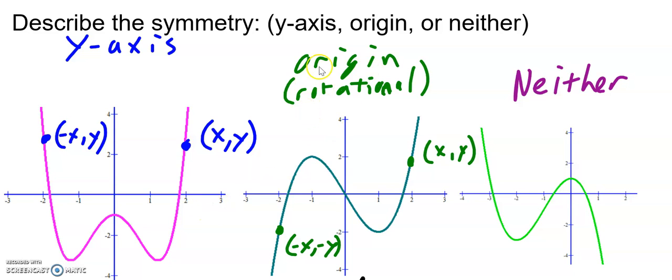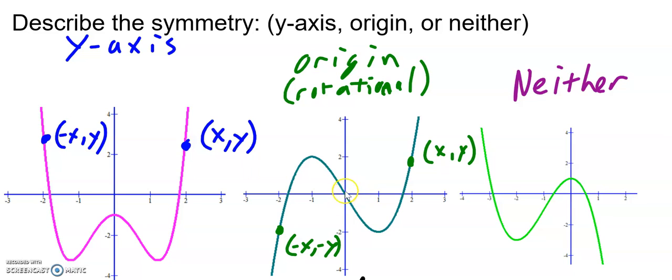The middle one here, this is origin symmetry. Now, origin symmetry is a little bit more difficult maybe to visualize because it's not a flip, right, or a reflection over a line. It's a reflection over a point. What does that mean? Well, another way that we talk about origin symmetry is sometimes we call it rotational symmetry.